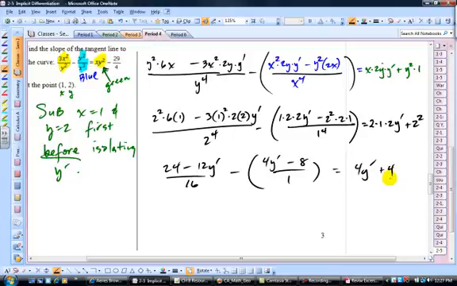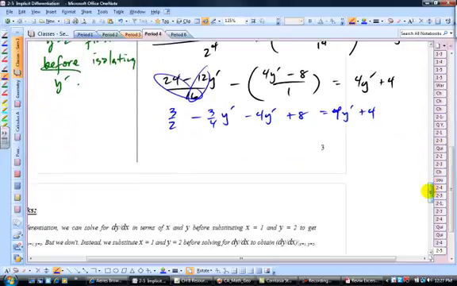And what we need to do is just simplify all this. So I'm going to split the fraction here, so we get 24/16, which is 3/2, minus 12/16, which is 3/4 y prime, distributing through, minus 4y prime plus 8 is equal to 4y prime plus 4.